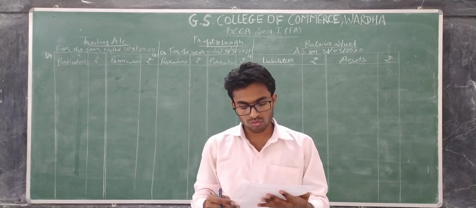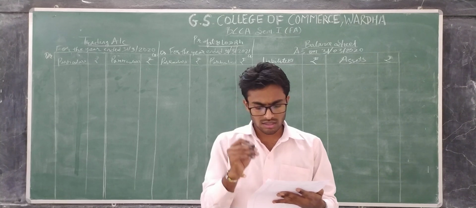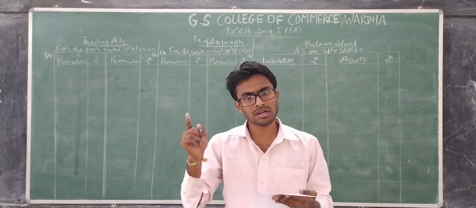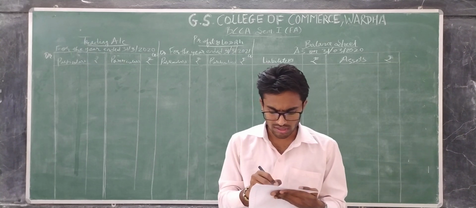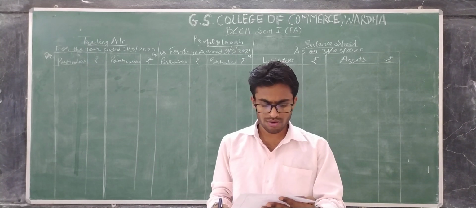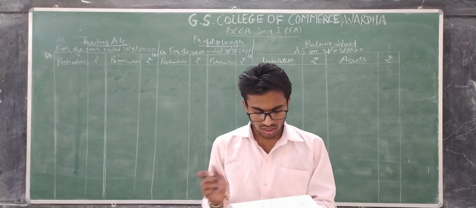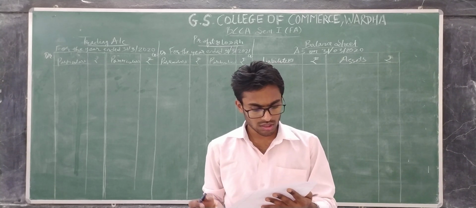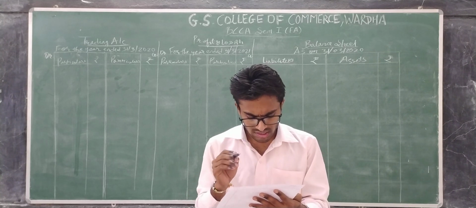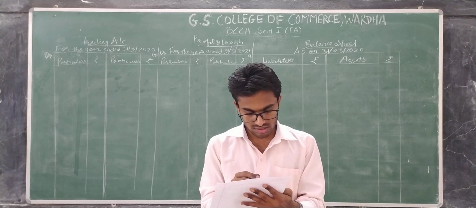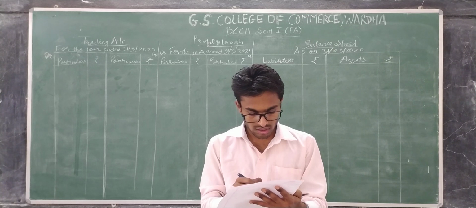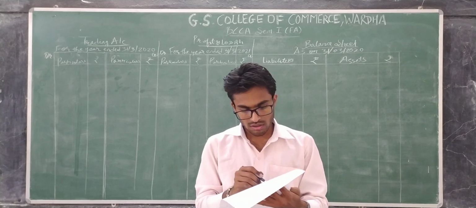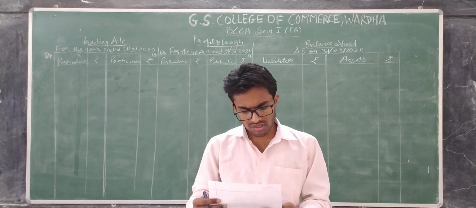So yes, put a tick on provision for bad debt, which you can find on the credit side of the trial balance. We found provision for bad debt, we found the bad debts. Then we put a tick on the debtors. You can find debtors in this list, and just tick debtors in the trial balance.